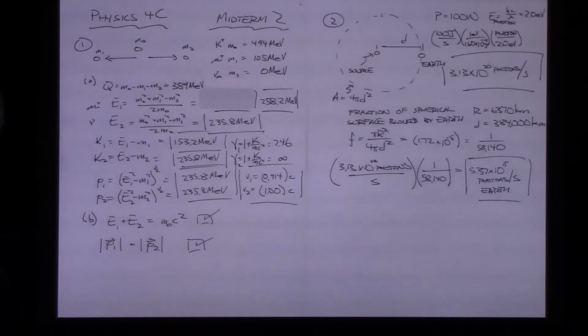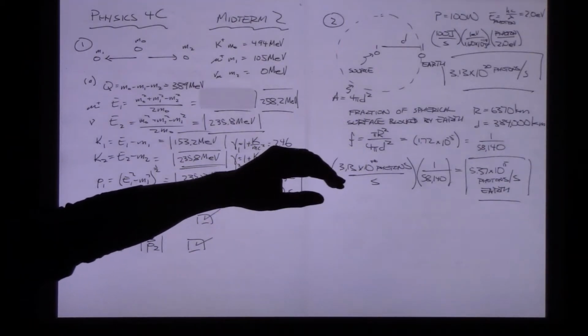So we know from problem solving examples from chapter 37 and maybe 38 also, mostly 37, there's just a lot of photons being generated, even from something as simple as a 100-watt light bulb.